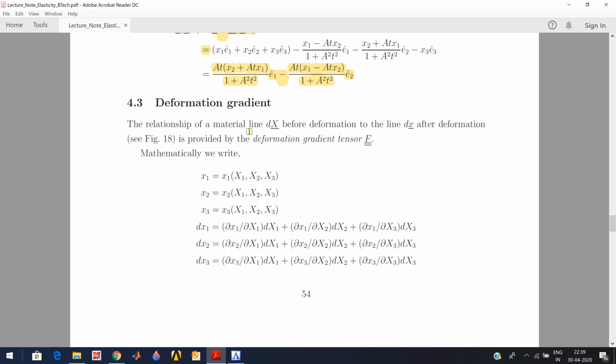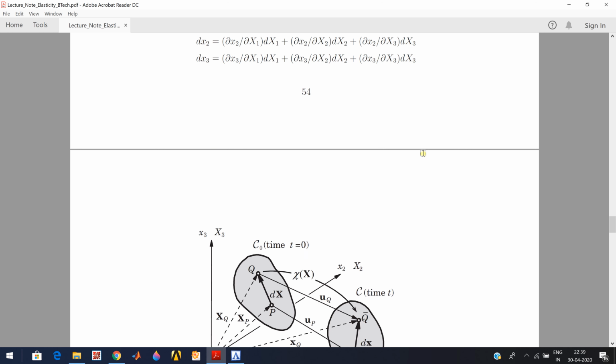The relationship of a material line element before deformation, and that's why it is capital dX, to the line element small dx, which is after deformation, is provided by this deformation gradient tensor F. So the deformation gradient tensor F actually relates the line element dX before deformation to the line element dx after deformation.